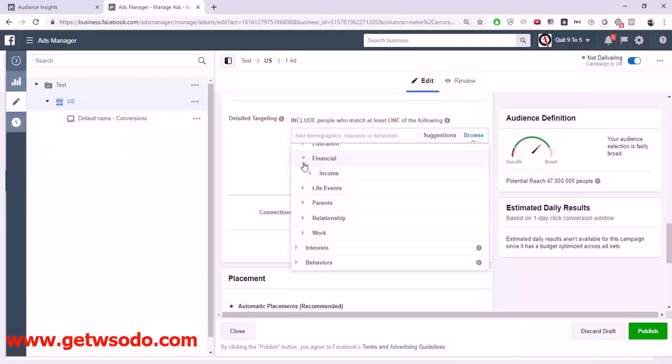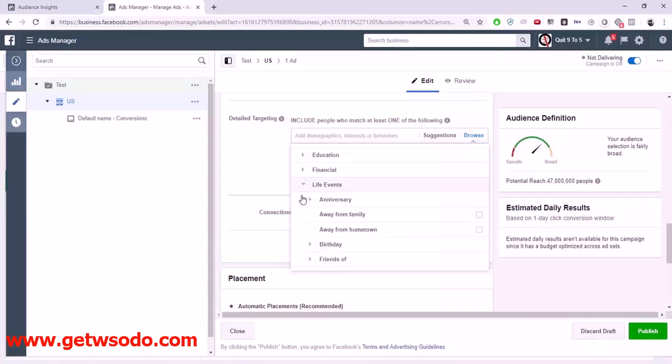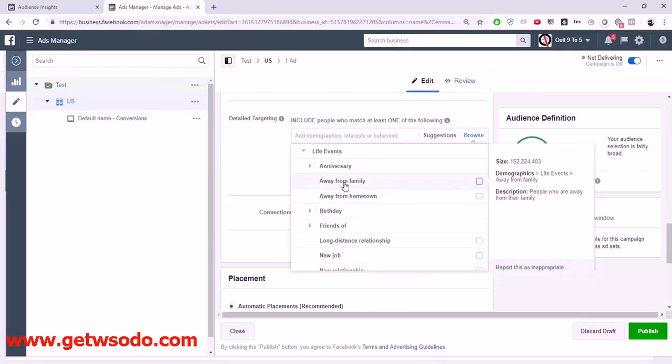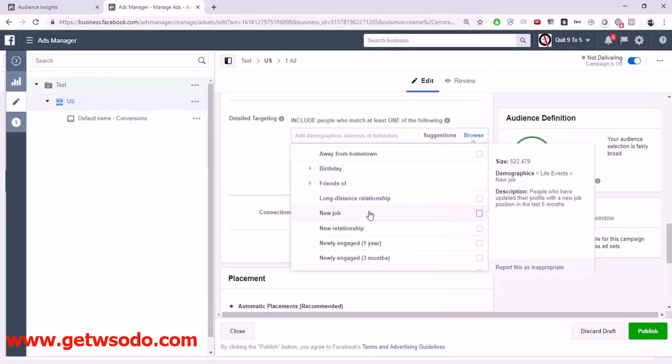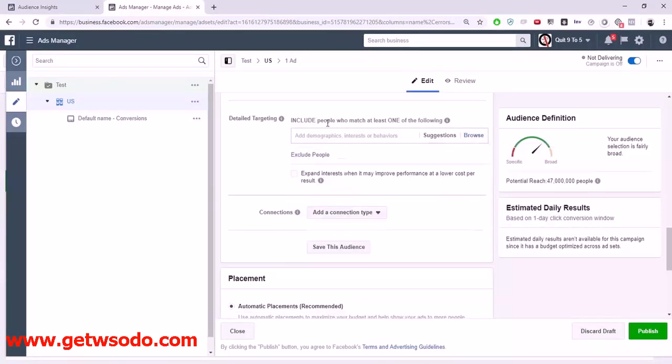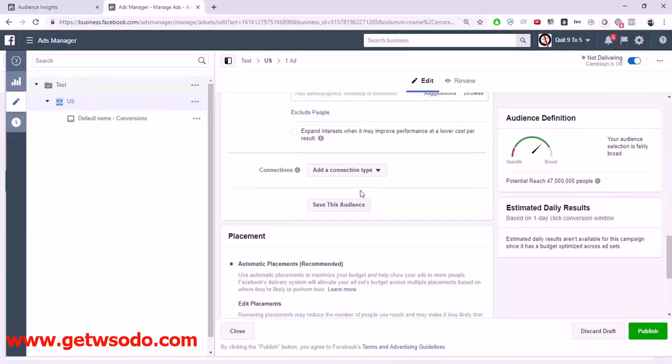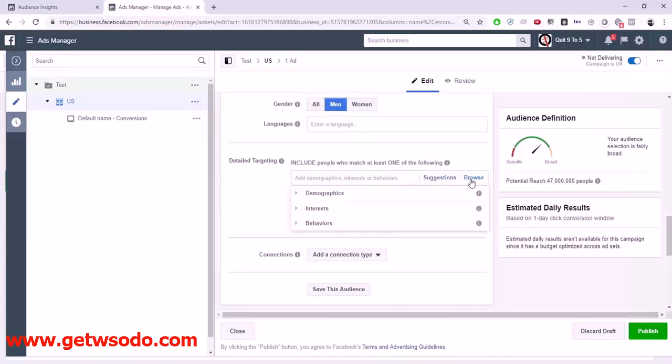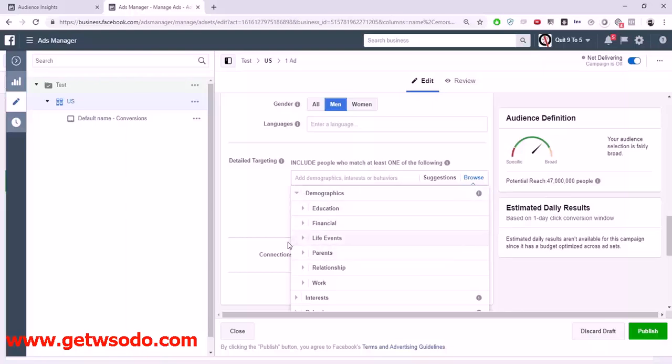So let's move on. They do life events, so away from family, away from hometown, so how long they've been moved away from their hometown, stuff like that. If they're in a long distance relationship. Over here you can see the size as well. There's 10 million people right now for the geolocation that I've targeted, which is just the US. So there's 10 million people for that actual demographic targeting. So where was I?